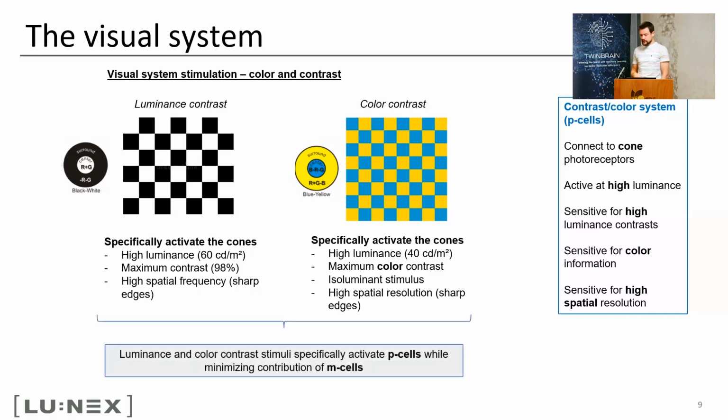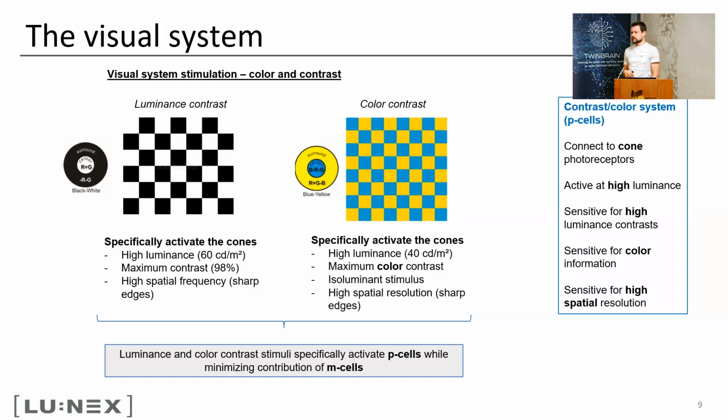In sum, we can say this type of stimulus does activate the P cells maximally, for the luminance contrast on the left side, black and white, or the color contrast on the right side, blue-yellow or red-green, doesn't matter, while at the same time minimizing the contribution of the M cells, so the motion system. There is no motion, not low luminance, and so on and so forth. So that is a type of stimulus that you can use for that.